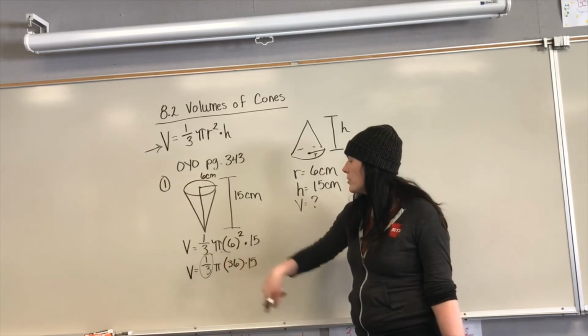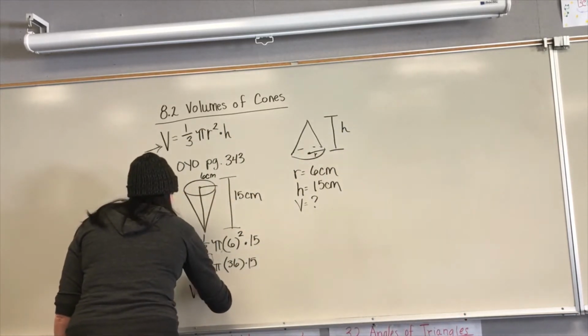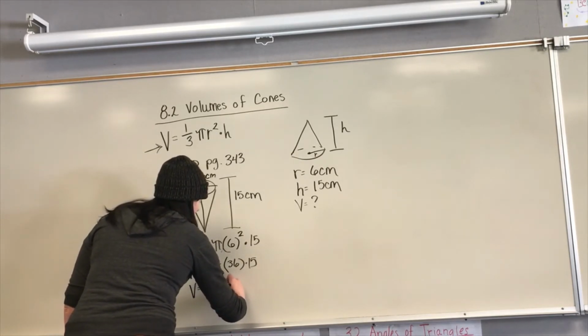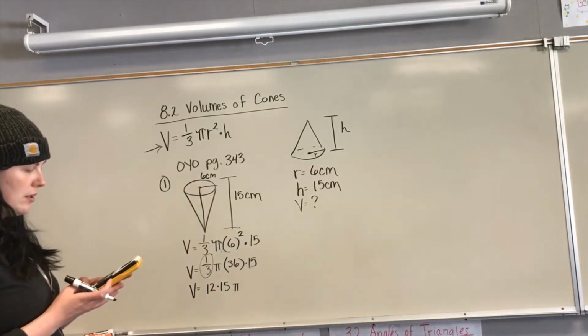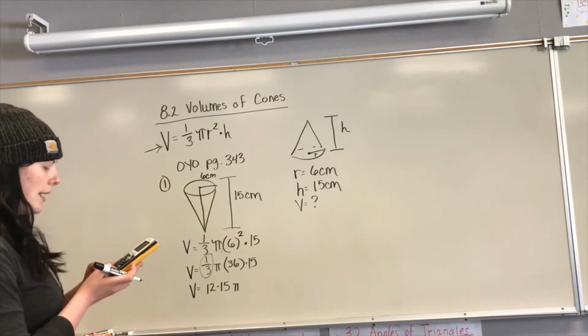36, 3 goes into 36 12 times. So now we're just left with the volume is 12 times 15 times pi. 12 times 15 is 180 times pi.